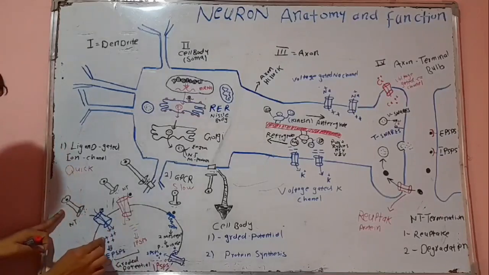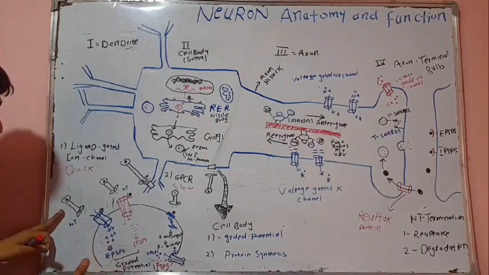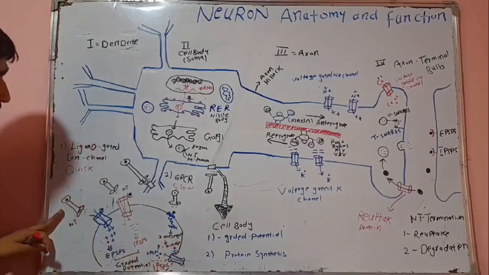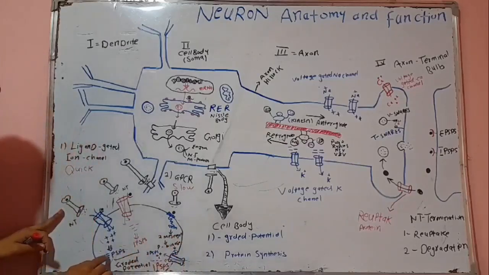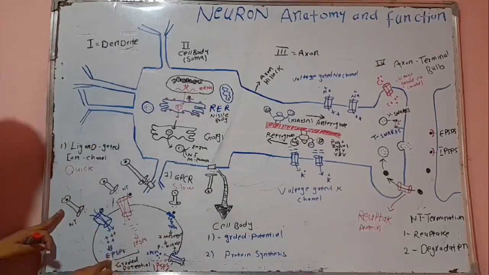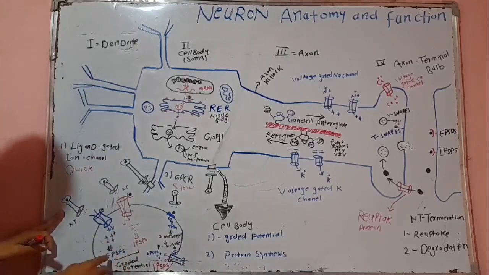If positive charge increases, the cell goes into the depolarizing stage. Because of that, we call this state the excitatory post-synaptic potential.